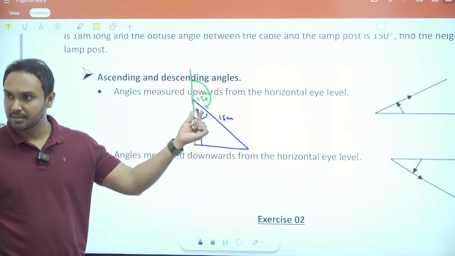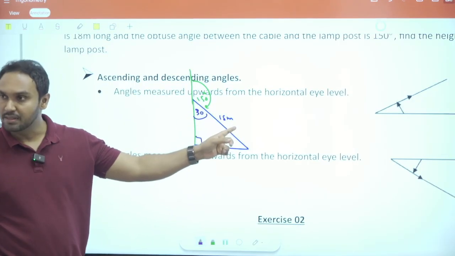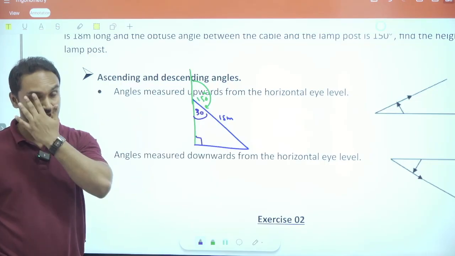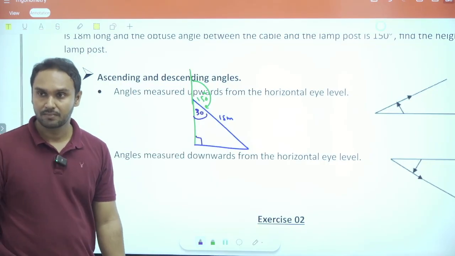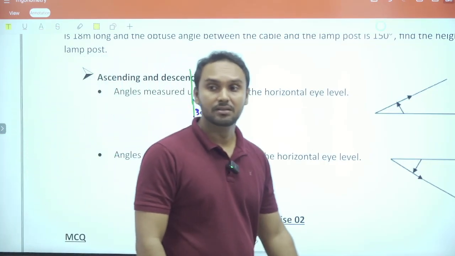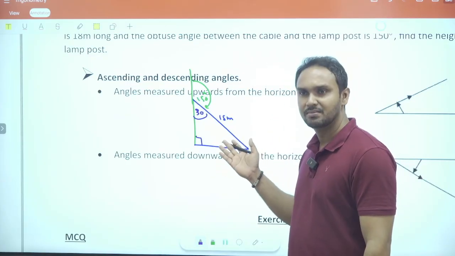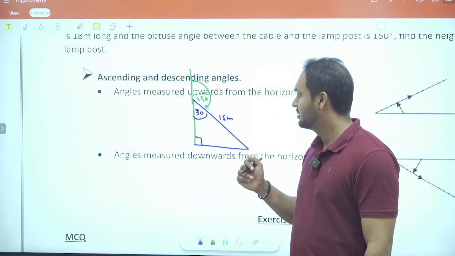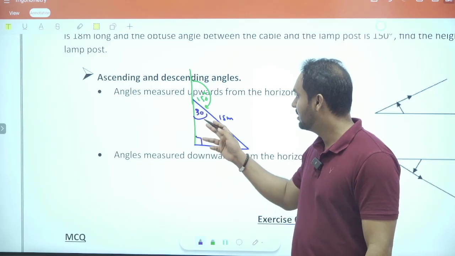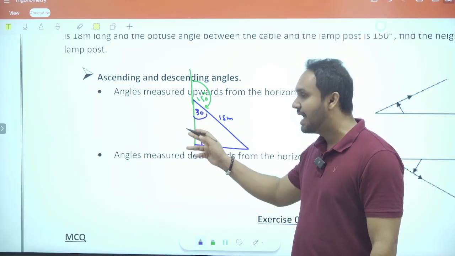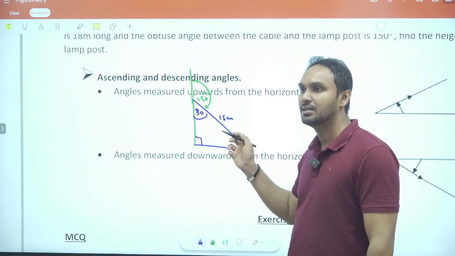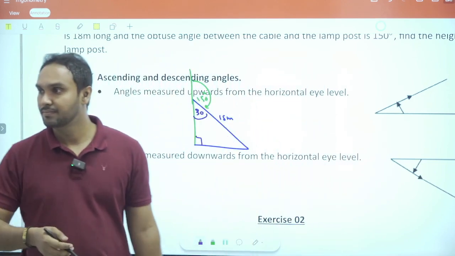You have the angle 30 degrees, you have the hypotenuse. How do you find it now? Which ratio would you put? Think and tell, don't look at me, look at the board. Is it cos, because you have the hypotenuse and adjacent, so adjacent over hypotenuse?